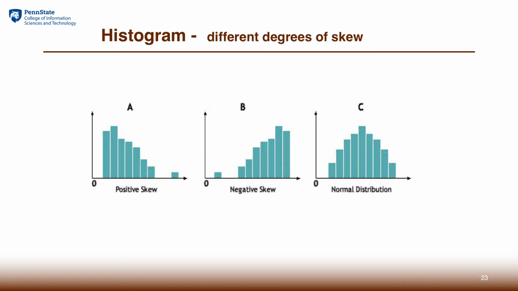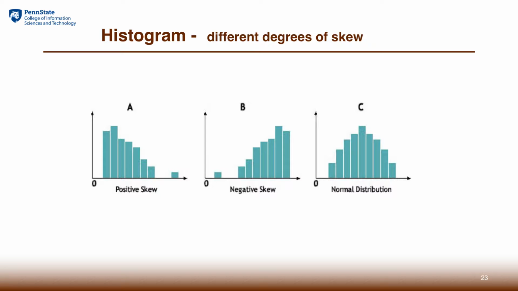So a histogram is basically a bar chart where the height of the bar represents the proportion of the instances in that bar range. And the number of bars can be customized.